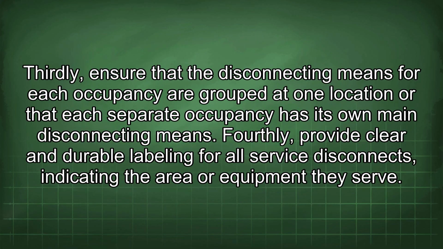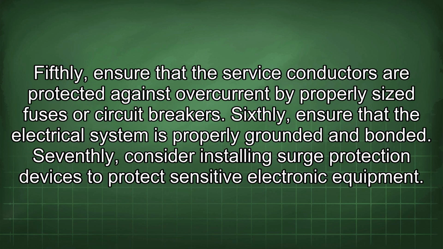Thirdly, ensure that the disconnecting means for each occupancy are grouped at one location or that each separate occupancy has its own main disconnecting means. Fourthly, provide clear and durable labeling for all service disconnects, indicating the area or equipment they serve. Fifthly, ensure that the service conductors are protected against overcurrent by properly sized fuses or circuit breakers.